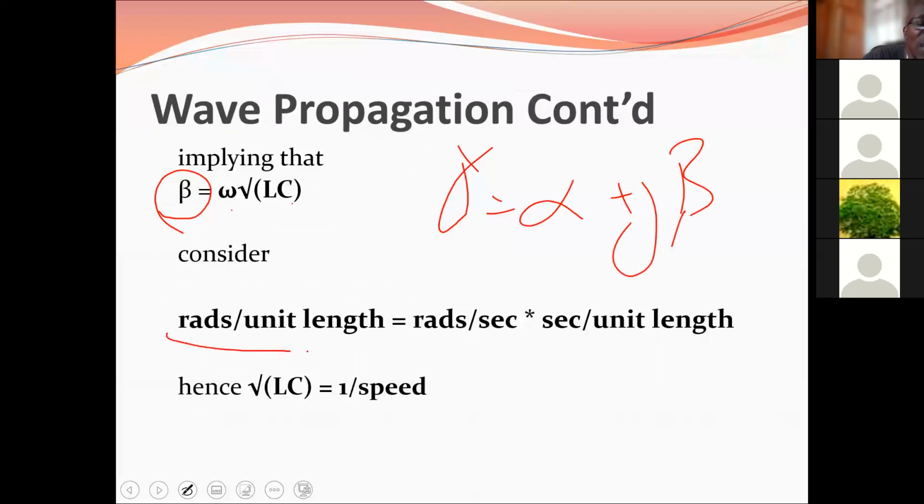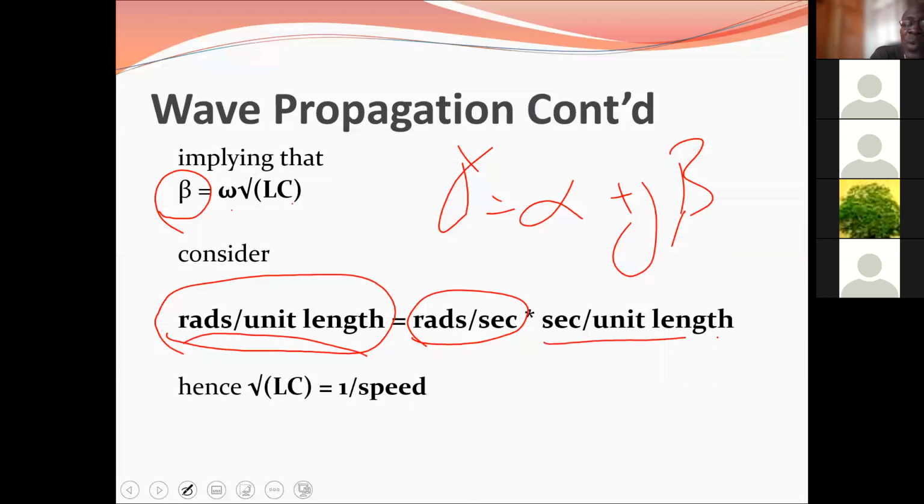We have given you the units for beta, which is radians per unit length. All of us know what the unit for omega is, which is radians per second. So for me to get radians per unit length, I'm going to be multiplying by seconds per unit length. We don't know any unit like that.